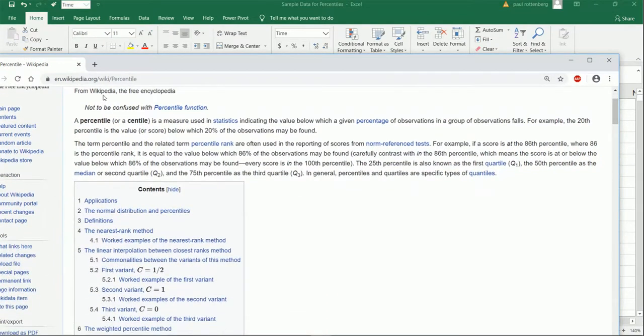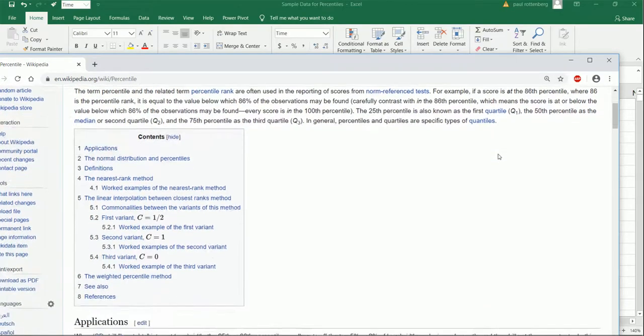So here, a percentile or centile is a measure used in statistics indicating the value below which a given percentage of observations in a group of observations falls. Okay, let's look at that closely again. For example, the 20th percentile is the value or score below which 20% of the observations may be found.